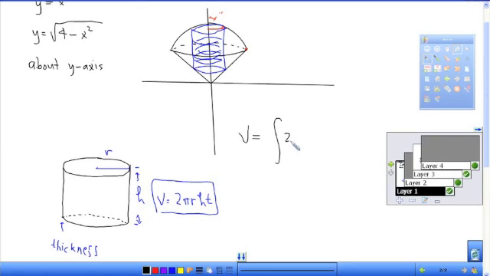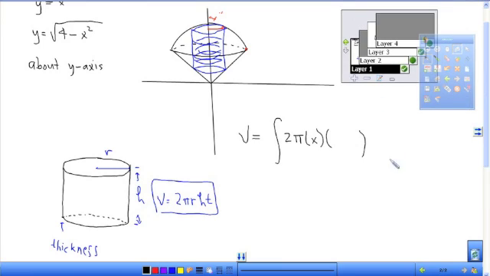The radius is just going to be an x value. It's not going to depend on a function. It's just going to depend on the range of values that we use in our definite integral. So the radius is just x.